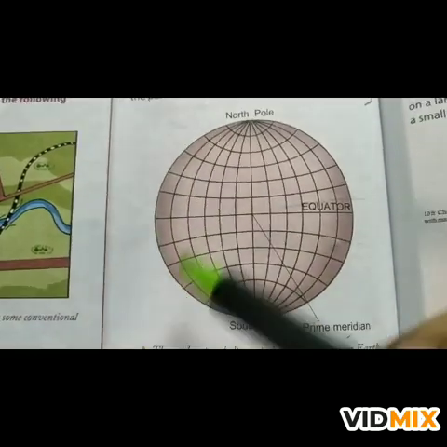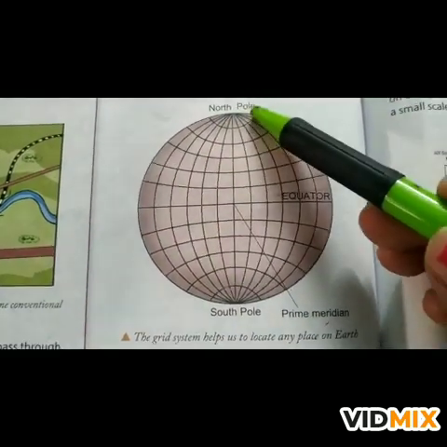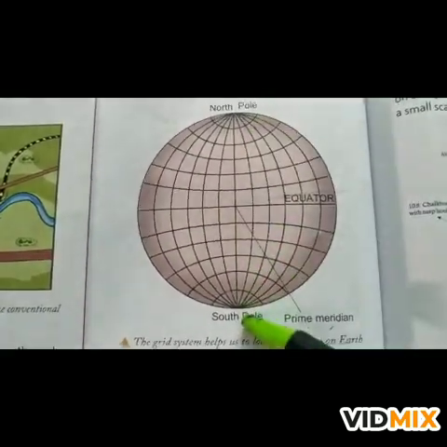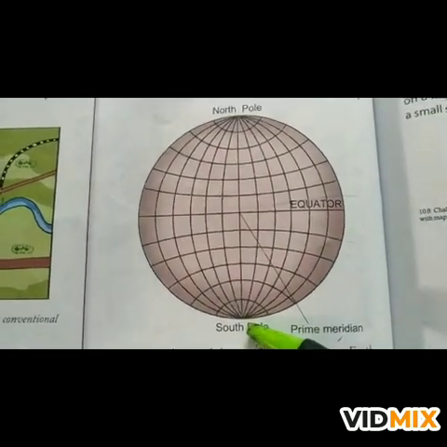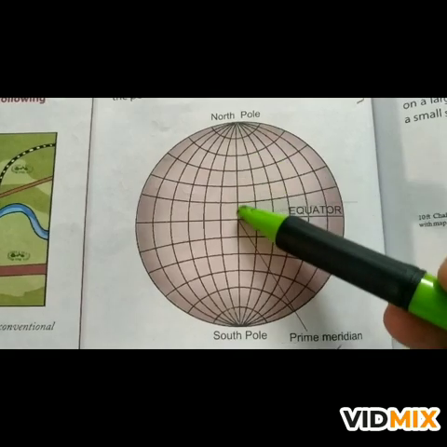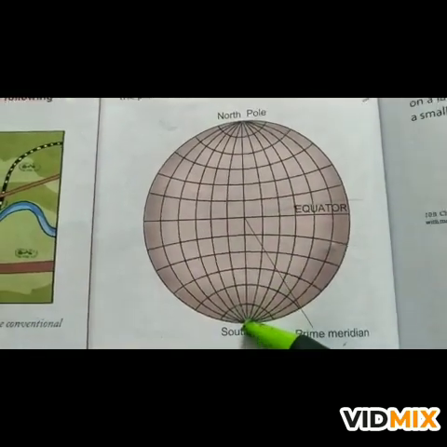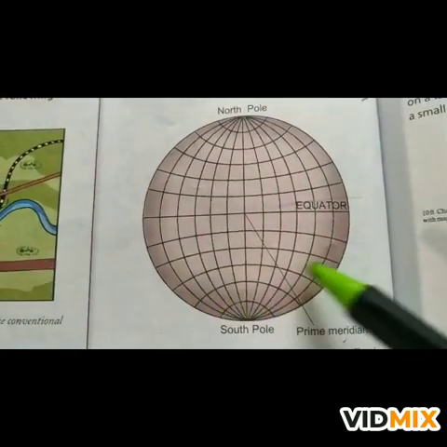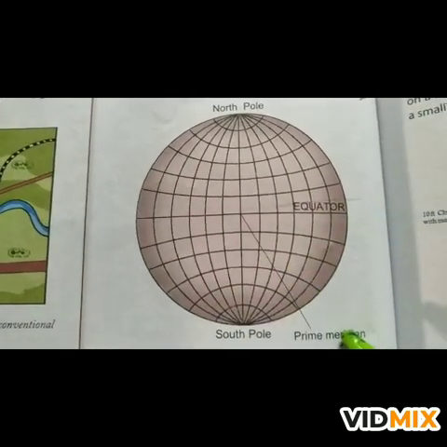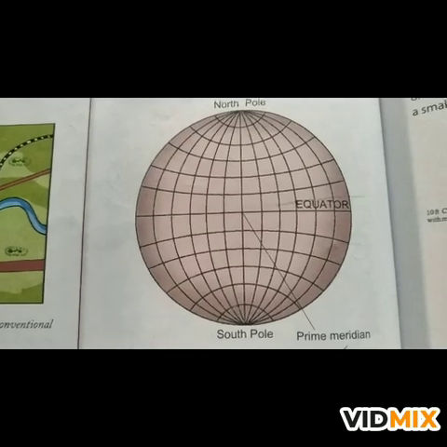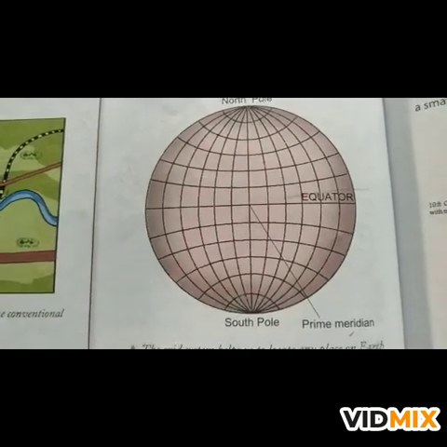These vertical lines coming from the north pole and joining at the south pole are known as the longitudinal lines, and the middle line which is cutting the earth into two equal parts is known as the prime meridian. The prime meridian is also known as the Greenwich meridian.